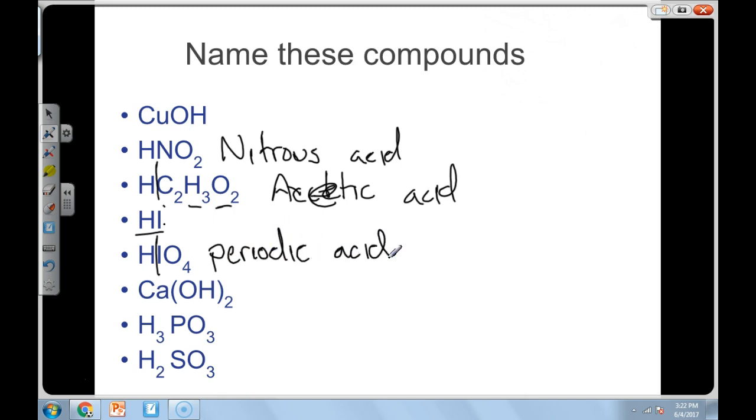Okay, so this is a base, hydroxide, so we split it in half. This is going to be calcium hydroxide, and note that calcium is not a transition metal, so we don't need the charge there. It's just calcium hydroxide.